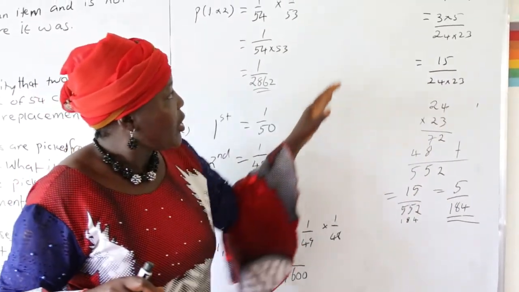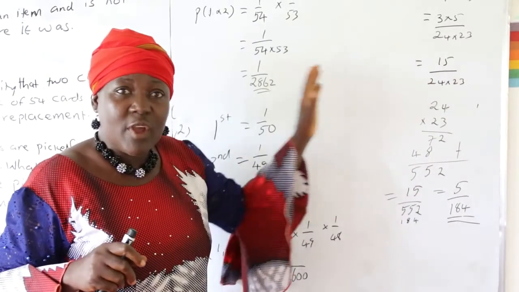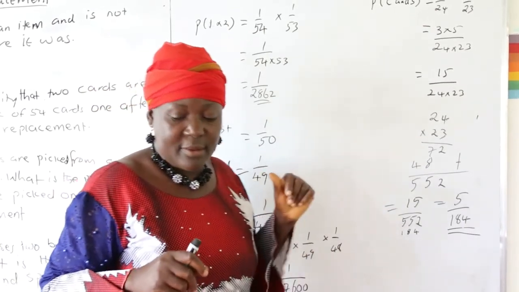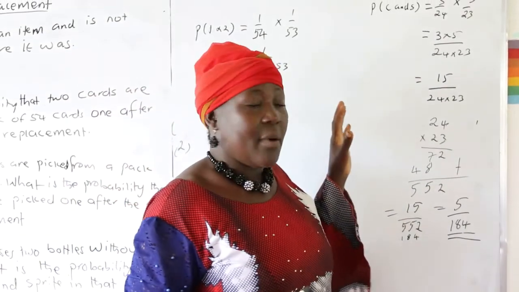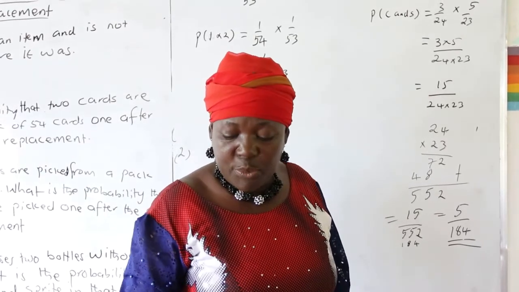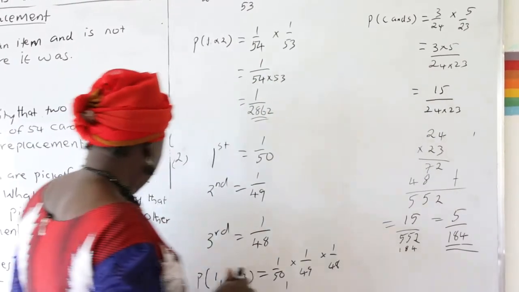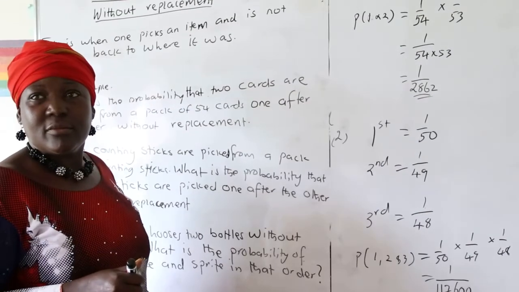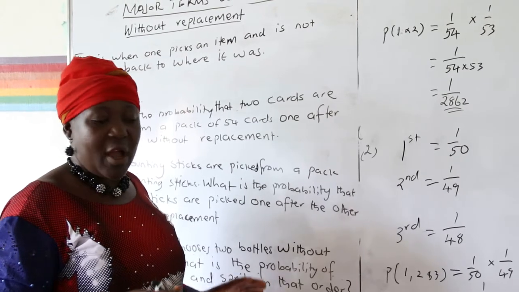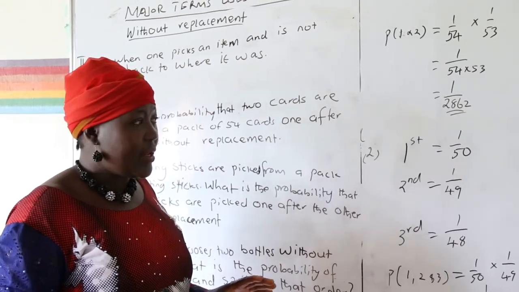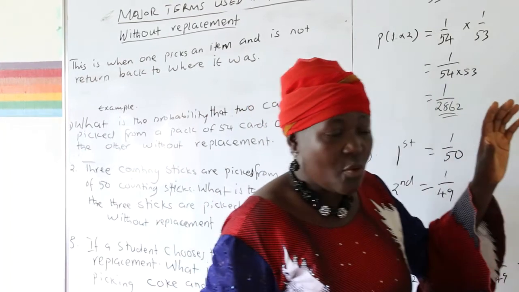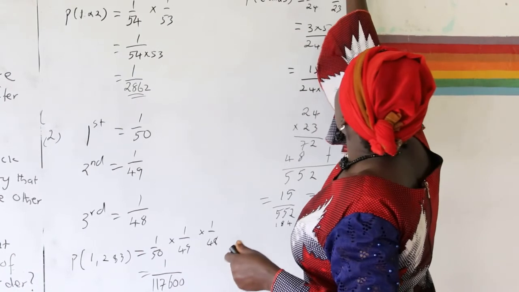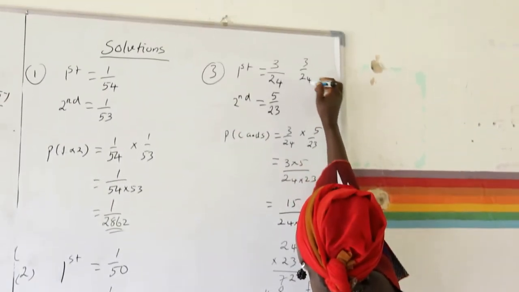In this case, there's more elaboration on this. Assuming the picking of the bottles, when you pick the first one, maybe in this question they said cup and cup. They are the same. You find out that the calculation will be: you pick first a cup, so you have 3 over 24.